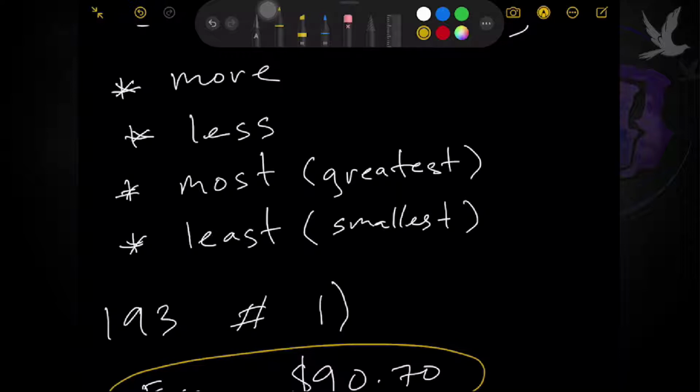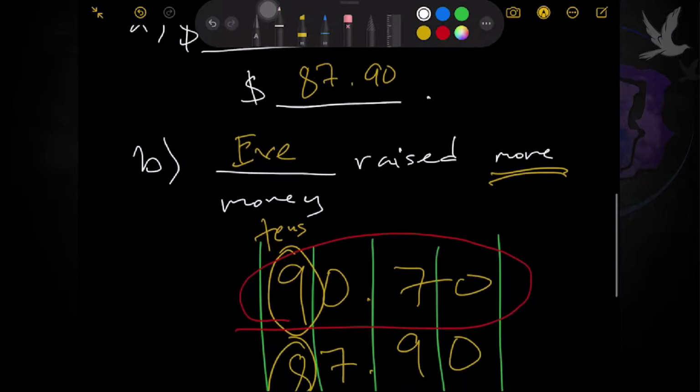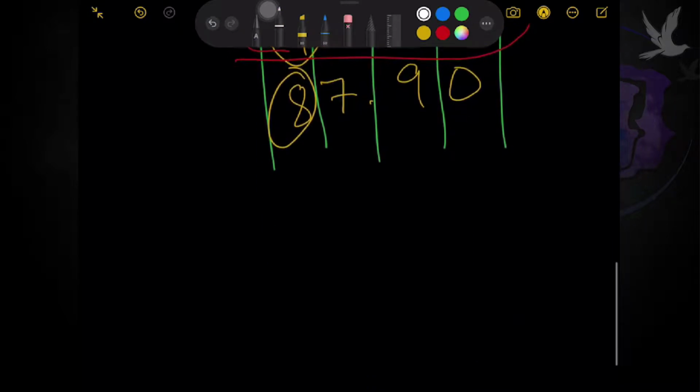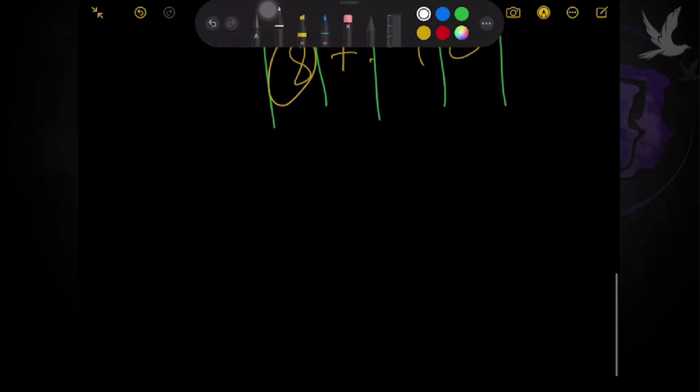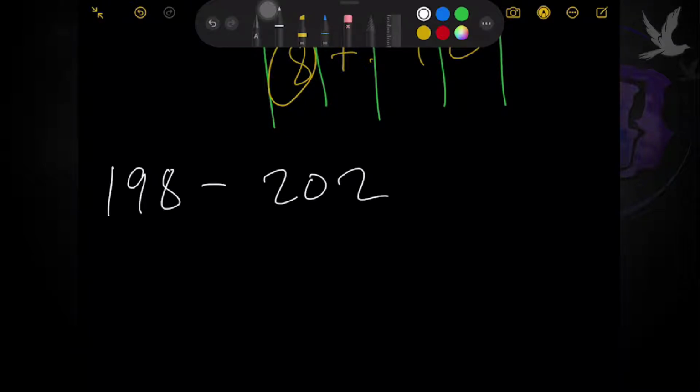And for your page 196, 98 naman, I'm going to guide you all throughout para sa word problem ninyo, from pages 198 to page 202. Okay. Gagabayan ko lang kayo dito.